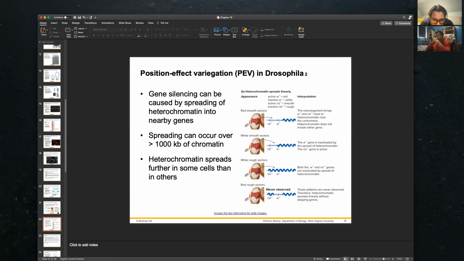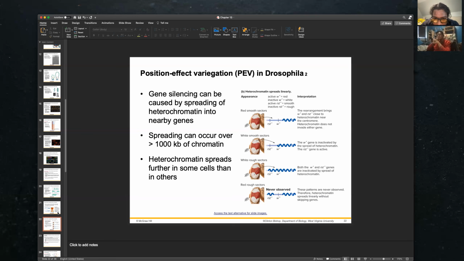Red rough sectors are never observed. That would be when the RST gene is still stuck in the heterochromatin, but the white gene is not. That pattern is never observed because it's spreading linearly, so the order is always going to stay the same. That's how they know it spreads linearly without skipping genes.